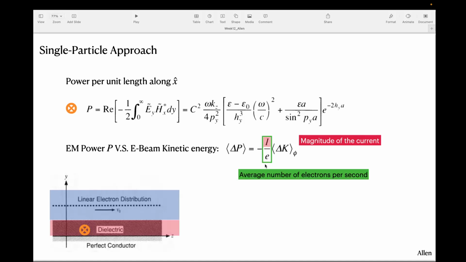And therefore, divided by the electron charge, it is actually just the average number of electrons per second. So this means that we can successfully transfer energy to power because we have a per second unit difference here.